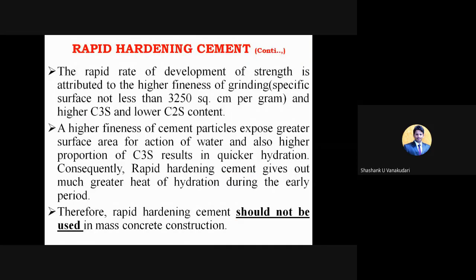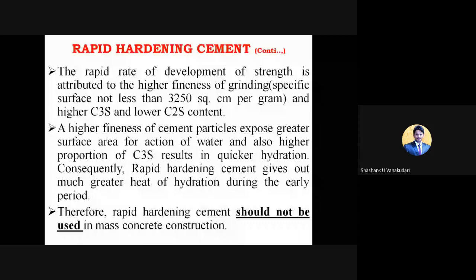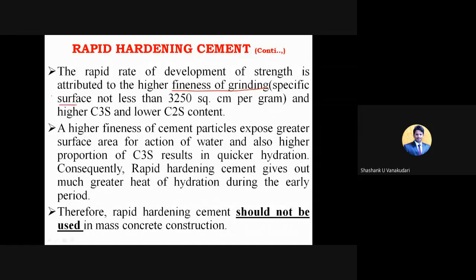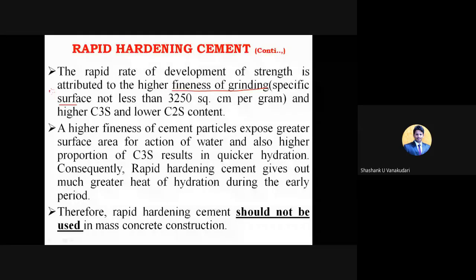Next, the rapid rate of development of strength is attributed to the higher fineness of grinding. The fineness of grinding is purely dependent upon the specific surface area, that is, the surface area of the cement particles.